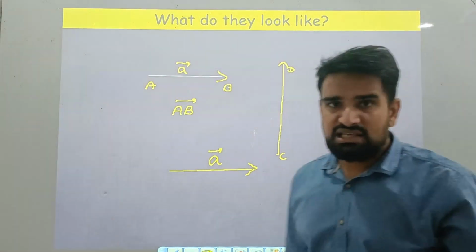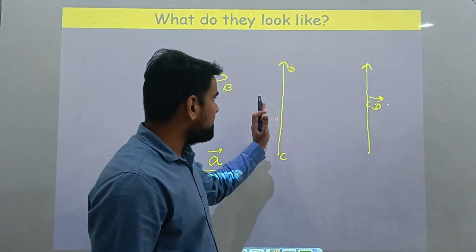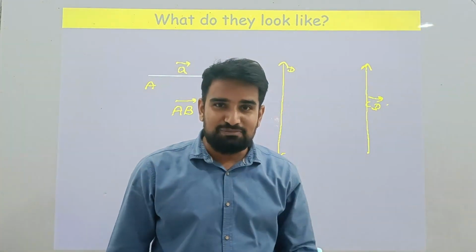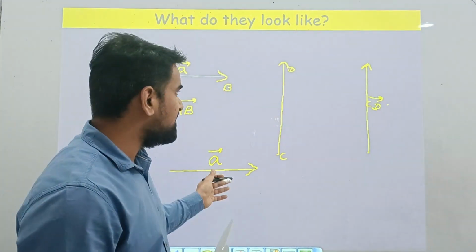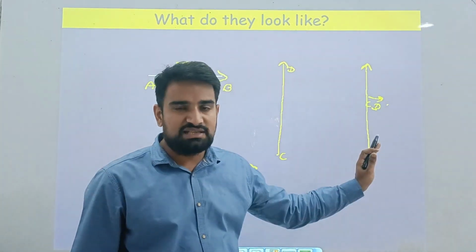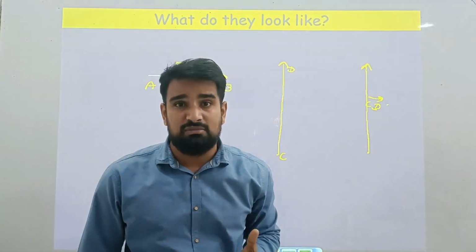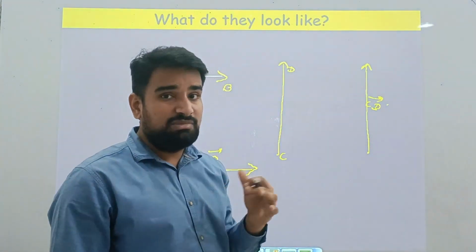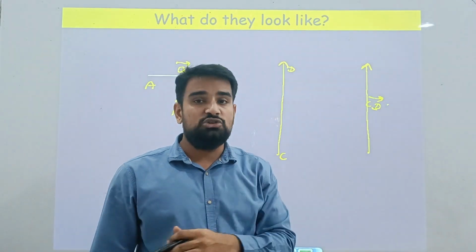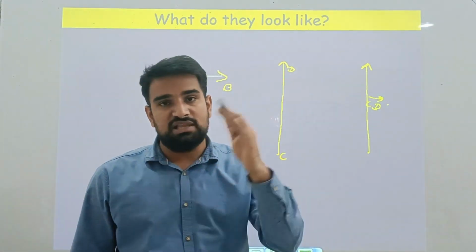They both are the CD vector, so I can erase this vector and make it here. So in the graphical representation, I can move a vector from one place to another by making the same and equal diagram. That means you will move one vector from one place to another.